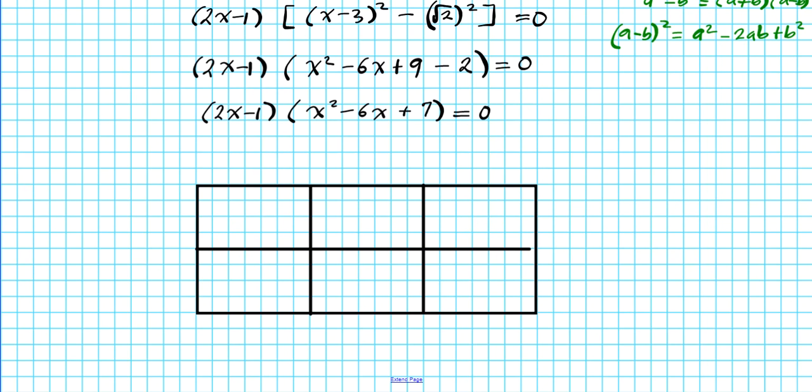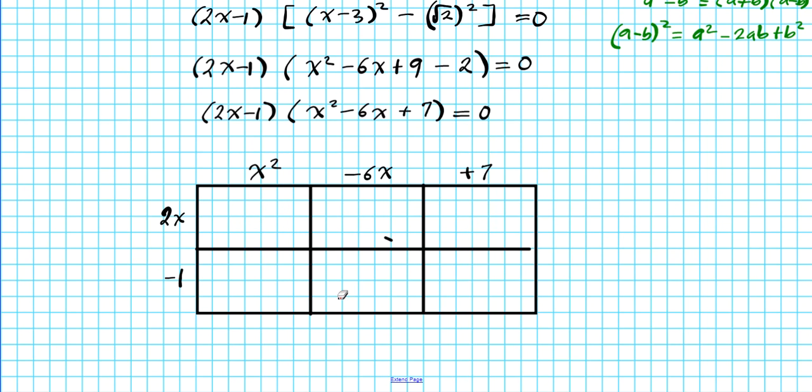So on the top we have x squared minus 6x plus 7. And then we have 2x minus 1 on the left side here. Now let's multiply them out.